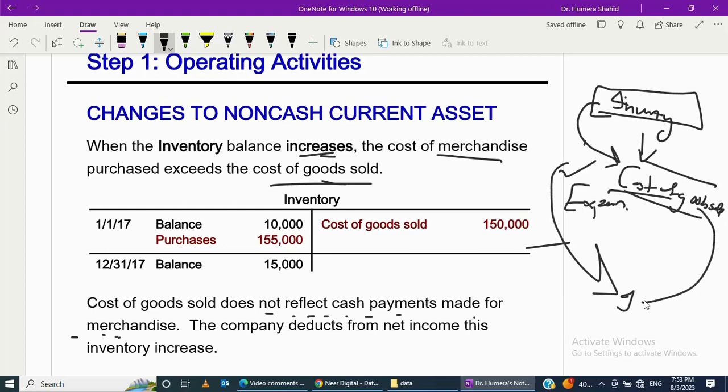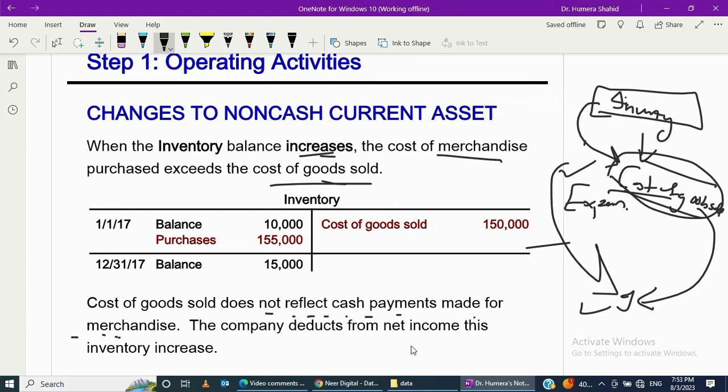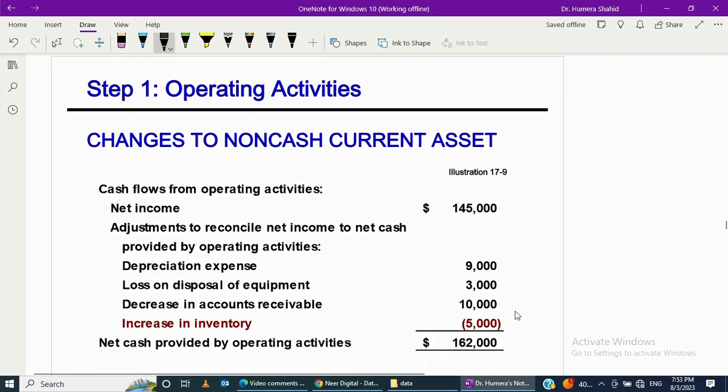So you paid cash for both. So this outflow is already there in the income statement, but addition to the inventory is not there. So that should also be minus. So the company deducts from the net income this inventory increase. So when inventory increases, we minus it. When inventory decreases, we add it. So now because inventory was increasing, we minus it.